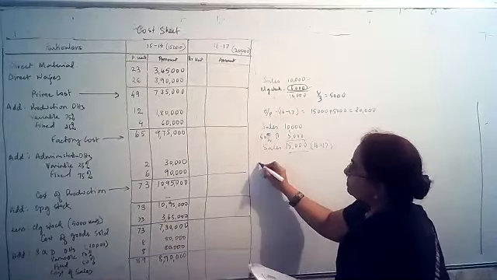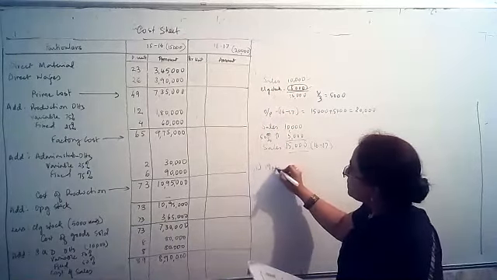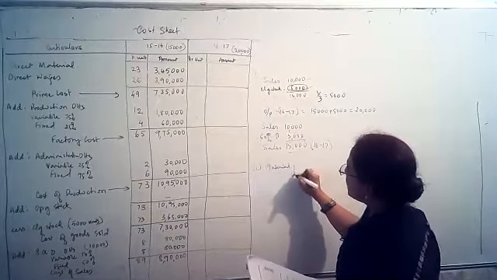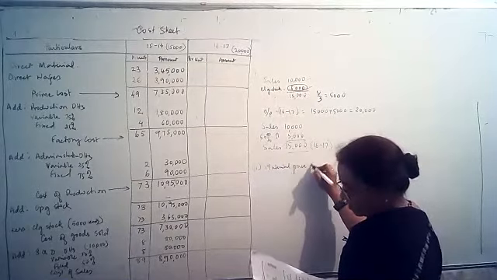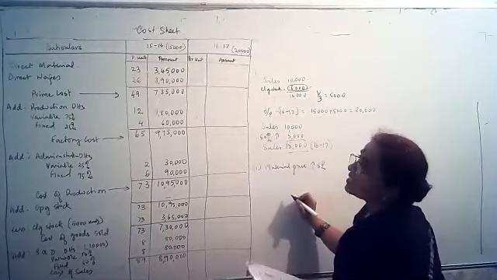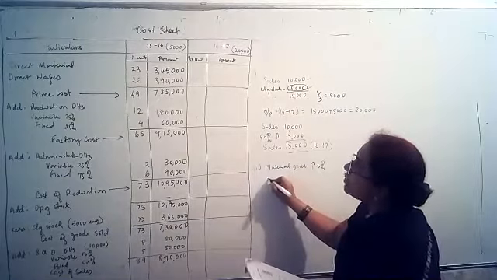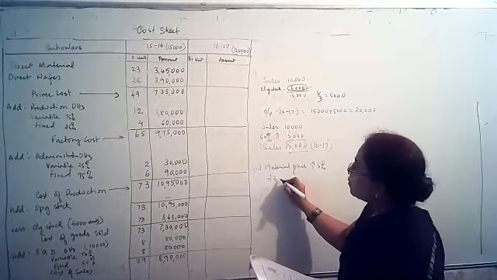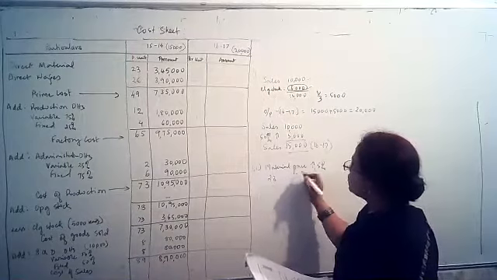Second point, material price will increase by 5%. So how much is the material price? Material price is 23 rupees. 23 rupees will increase by 5%.